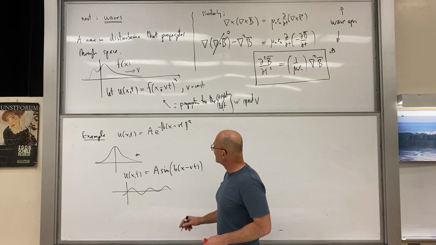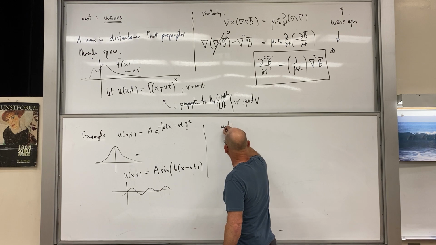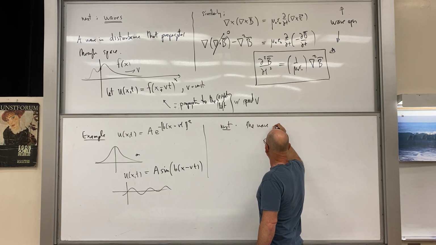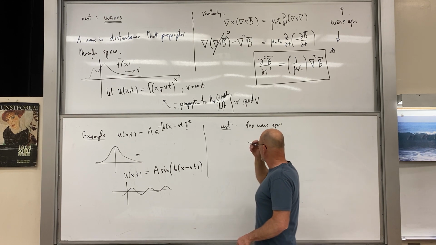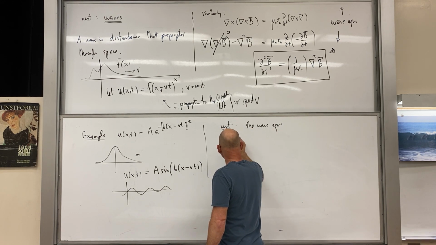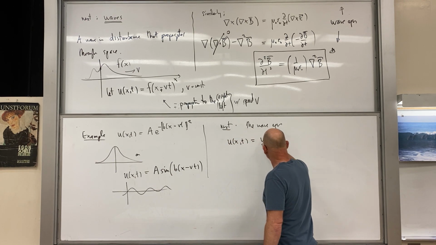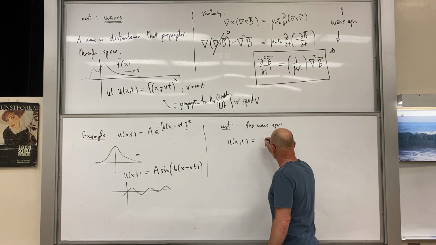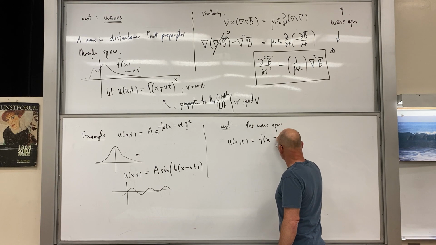So now we're going to get the wave equation next. The wave equation, and we're just going to differentiate. So we have u of x and t is equal to f of x minus or plus vt.